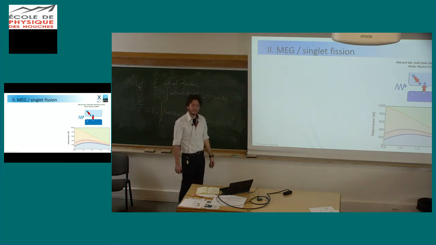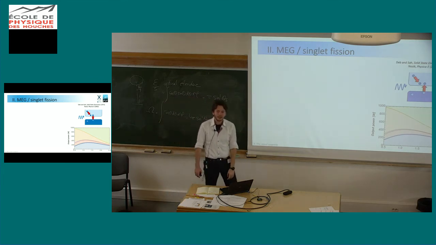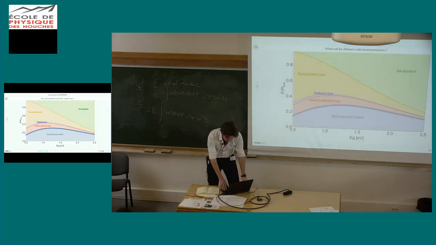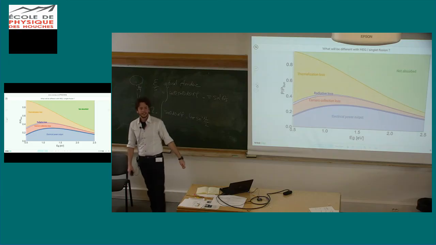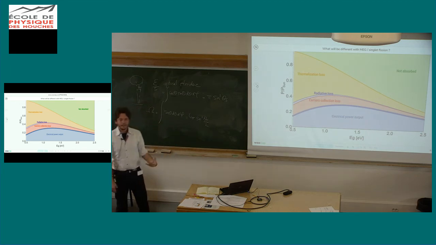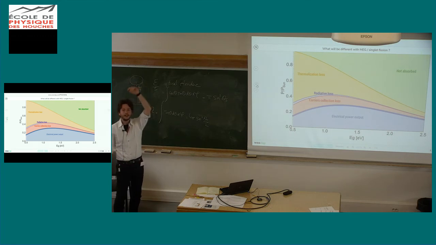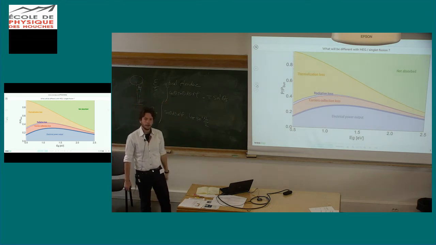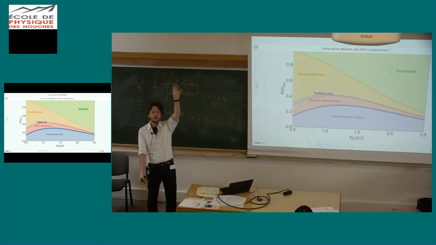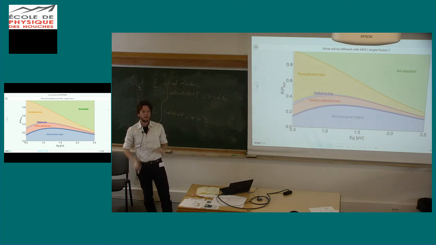Multiple exciton generation. What do you think this time? So multiple exciton generation is you go in with a blue photon, putting some carrier very, very high in energy, and instead of letting this carrier relax by itself, you use this excess of energy to promote another carrier into the conduction band.